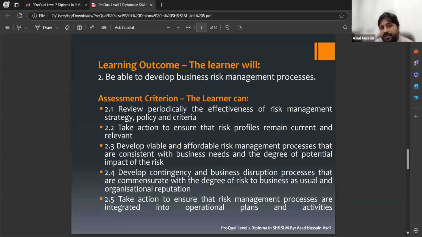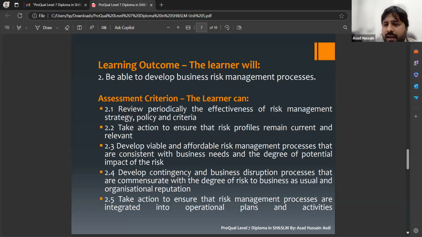Now, once he has the understanding, we are moving forward to development of business risk management processes. 2.1 is review periodically the effectiveness of risk management strategy, policy, and criteria.